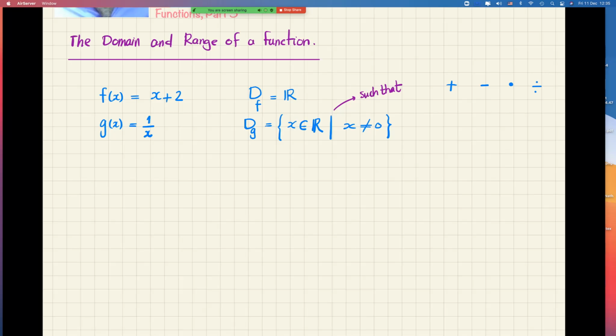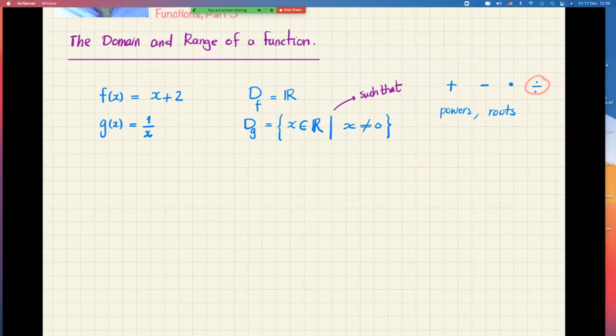We want to raise some number to some power, and then we can take square roots, third roots, etcetera. For addition, subtraction and multiplication, we do not have any limitations at all. It means that as soon as you give me two numbers, I don't even care about the values, I can always add them, I can always subtract them, I can always multiply them without any limitations. But for the other operations, we can have some limitations.